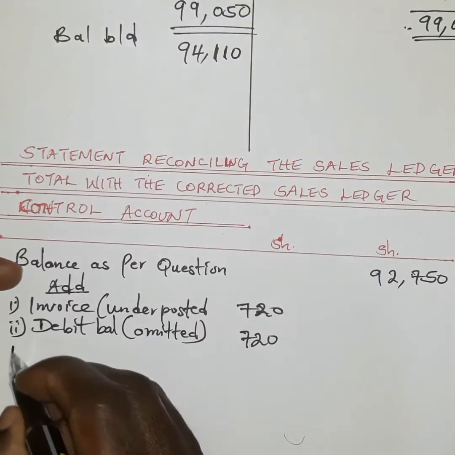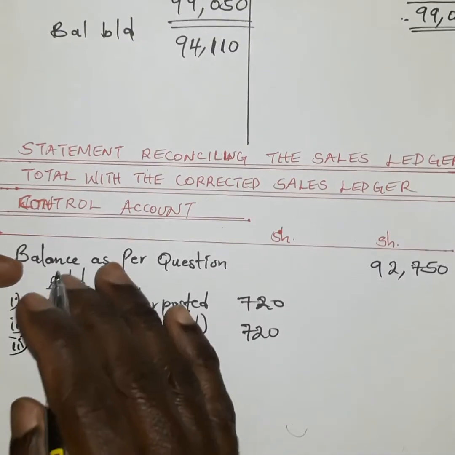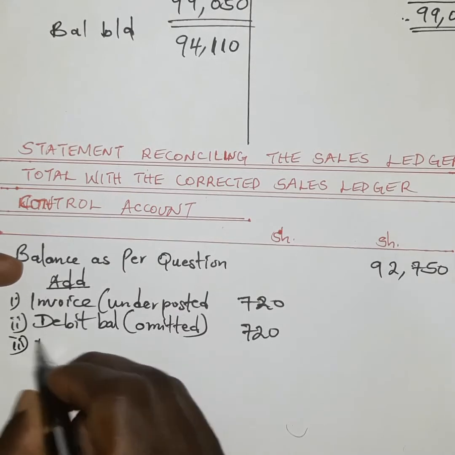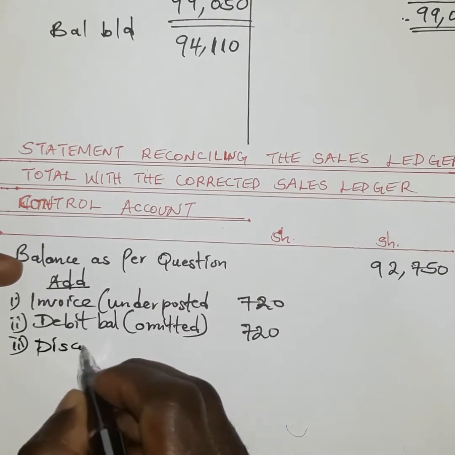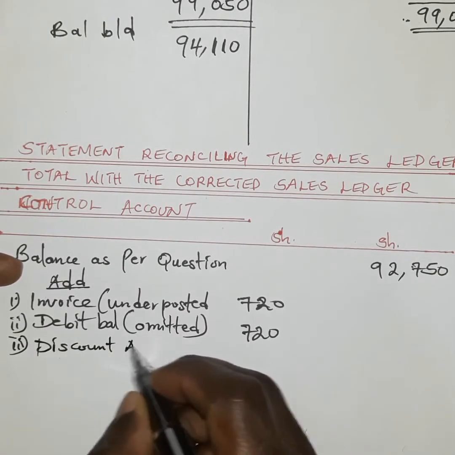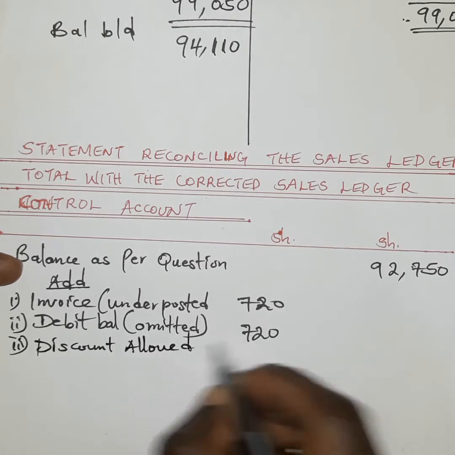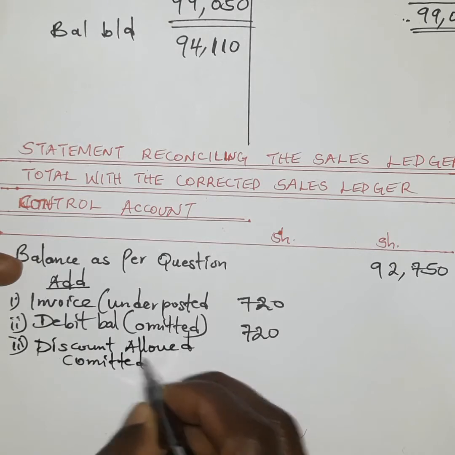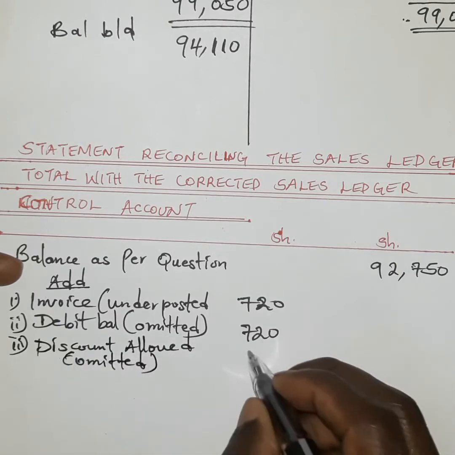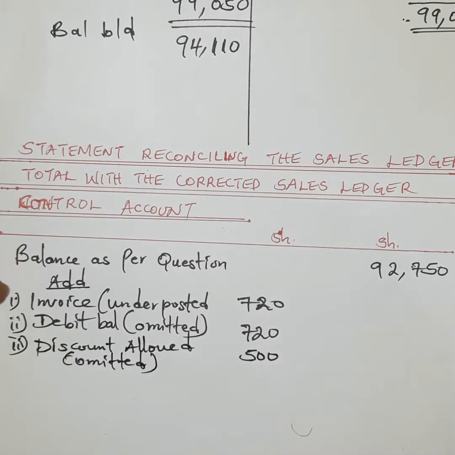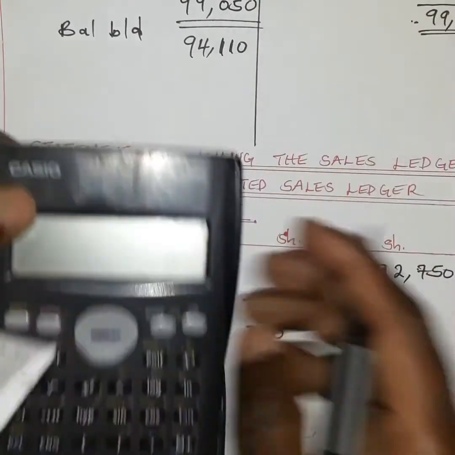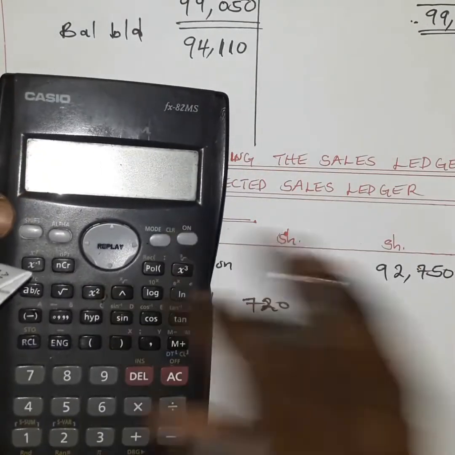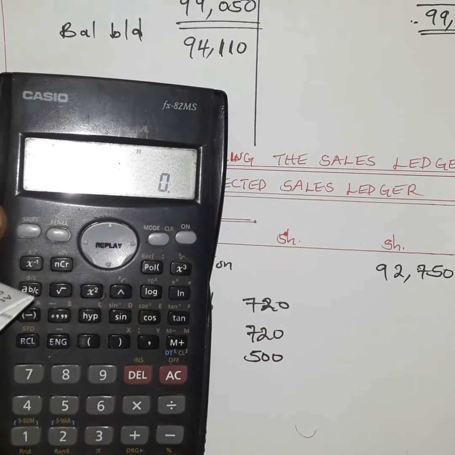Then discount which was allowed but was omitted. The bracket is saying this one was omitted. The amount was 500.